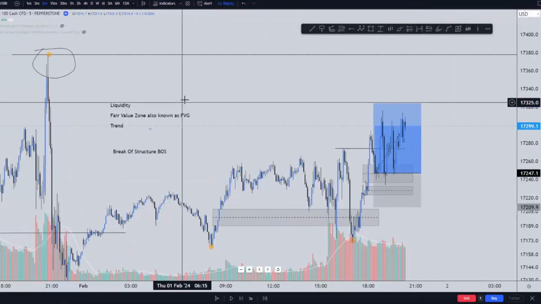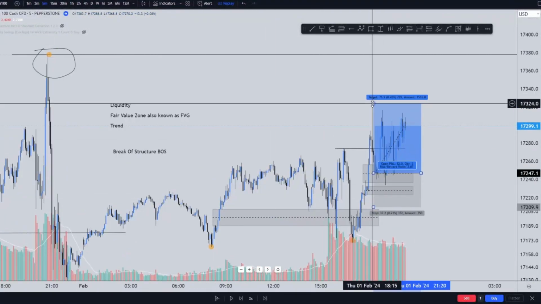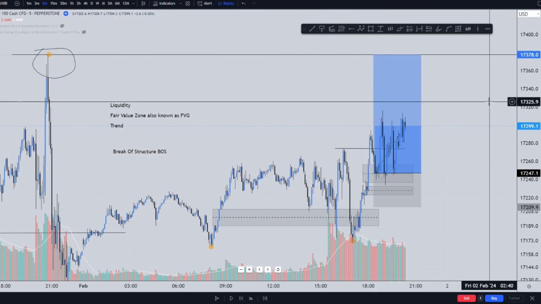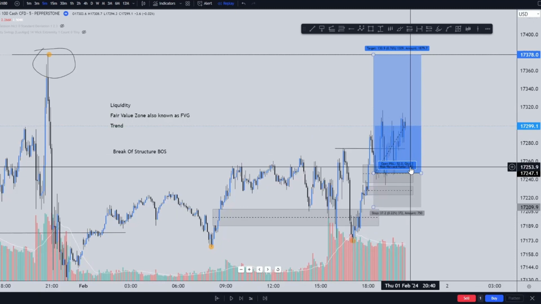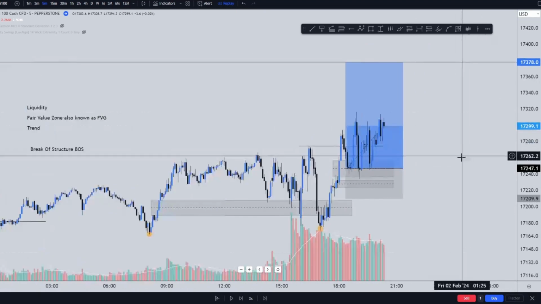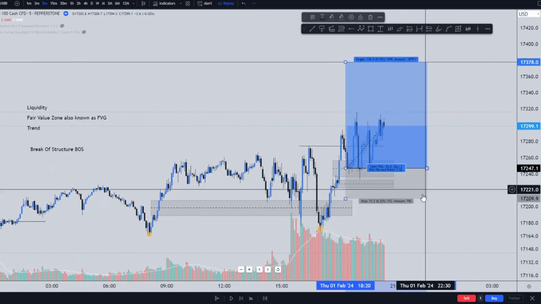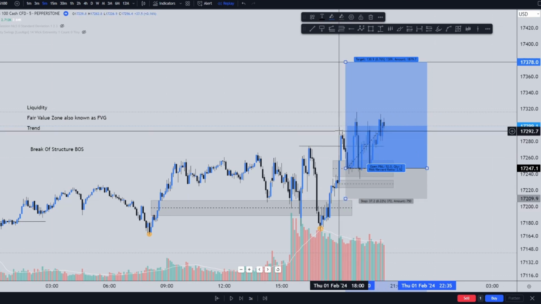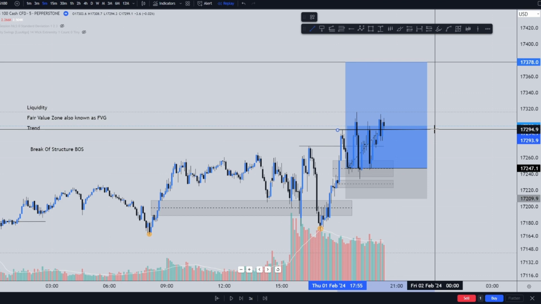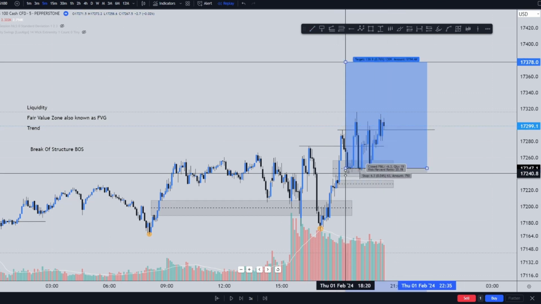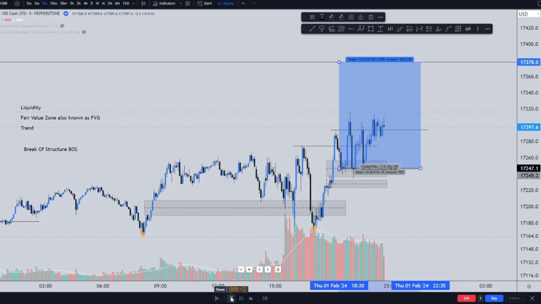So in this case, we know we're targeting the highs here. So in this case, we would have had a trade of 3.52 risk to reward. Now, we broke the high again, which is for me time to go break even. So there, you roll your stops to 0 and let the trade basically run for free.